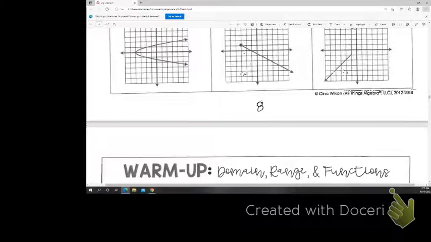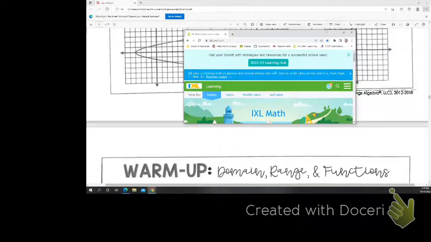The other thing that you're going to do is on IXL, and I'll show you what those look like. So we're going to be doing some IXL lessons where we determine if something is a function or not. Yesterday's IXL lessons were just about domain and range. We split up this lesson.